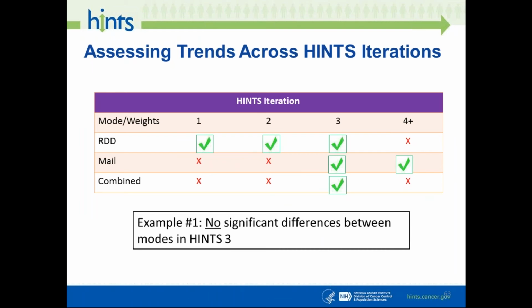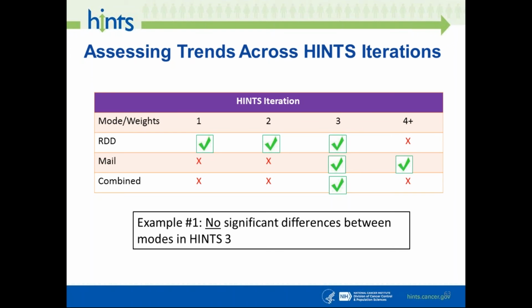The second row tells you whether this is a mail survey. And here's where we have the combined weights. So as you can see, HINTS 1, 2, and 3 all have RDD mode weights. I'm sorry, I'm kind of conflating that a little bit, but you kind of get the idea there. For HINTS 3, we have RDD weights, mail weights, and combined weights. And then for HINTS 4 plus, forward, we only have mail, because it's only done through the mail.